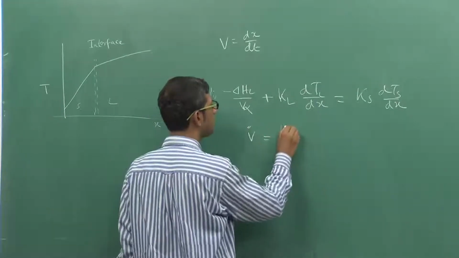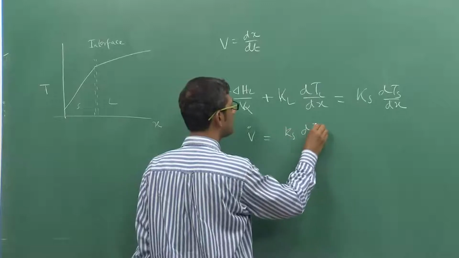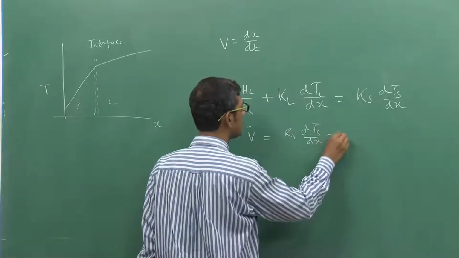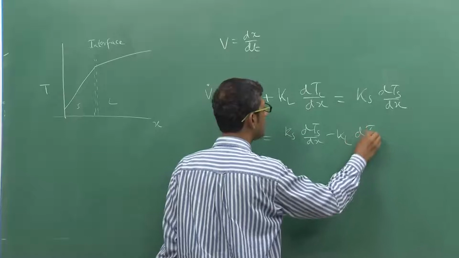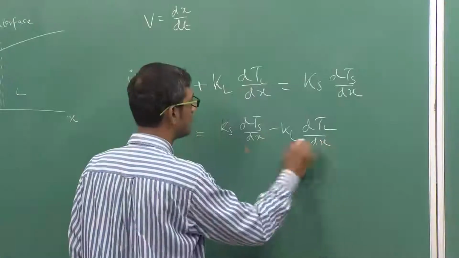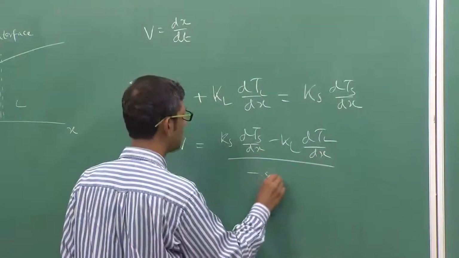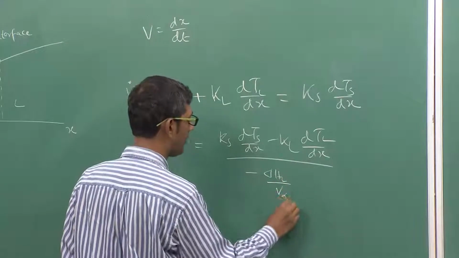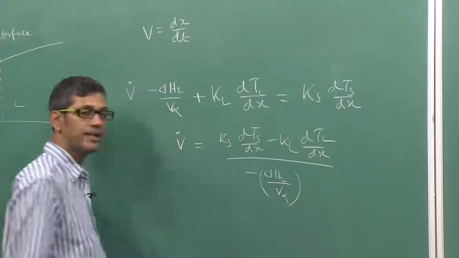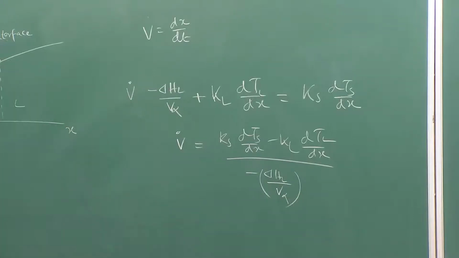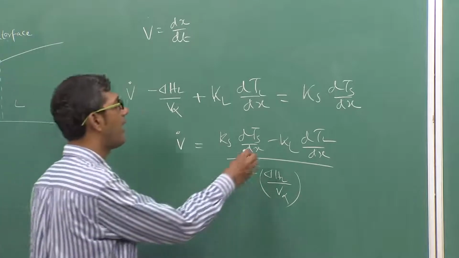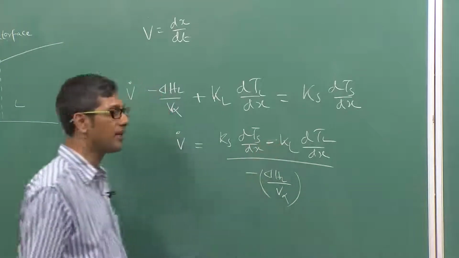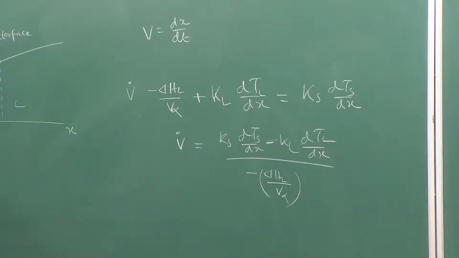So V dot is Ks dTs/dx minus KL dTl/dx divided by minus delta H divided by L divided by V alpha. As you clearly see, if you want to have a very high growth rate, what do you need?